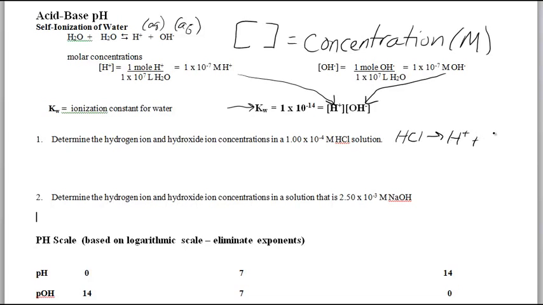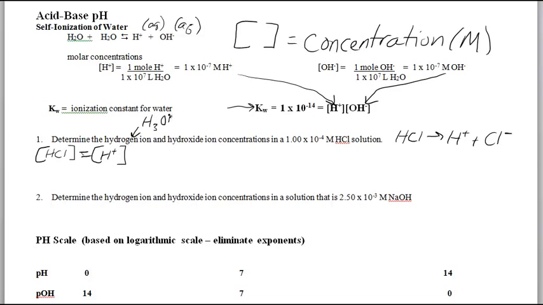Acids make the hydrogens, and this would be the chloride. Since it's only 1 proton, it's a 1-to-1 ratio, so the concentration of the hydrochloric acid is going to be the same as the concentration of your hydrogen. Again, remember, some books might call this the hydronium ion.